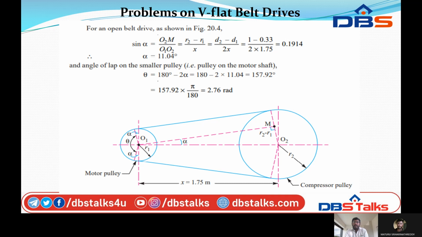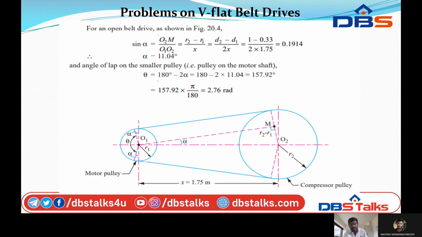For an open belt drive, as shown in the figure. So this is the open belt drive shown in the figure. The distance between the two pulley centers O1 and O2 is x, equal to 1.75, given in the problem. This is the motor pulley and the compressor pulley. Radius is R1 and R2. The angle between them is alpha.